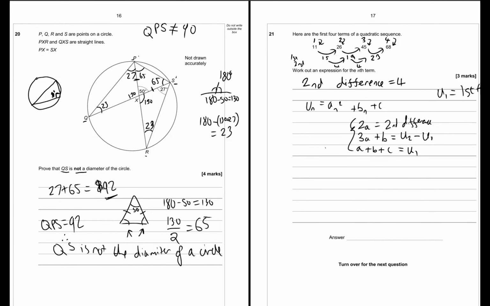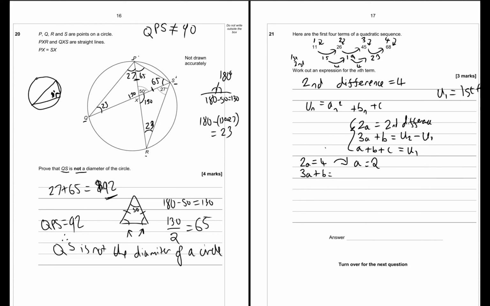Okay, so let's fill in these equations for the question. So 2a is equal to the second difference, and the second difference equals 4, so 2a equals 4. That implies a equals 2. Alright, so the second equation is 3a plus b, oh, whoops, let me put in the numbers, 3a plus b equals u2 minus u1.